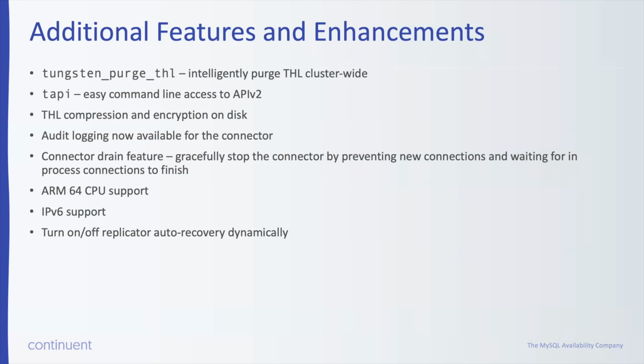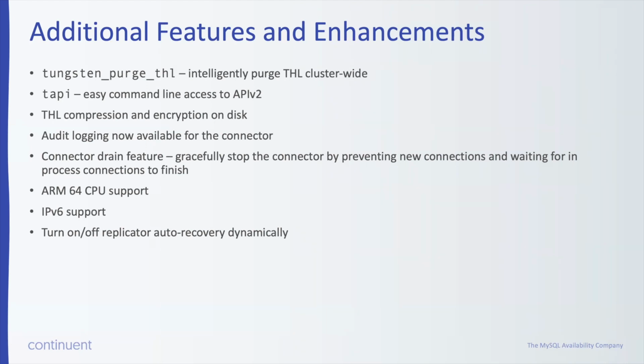We don't want new connections to be routed to this application, or in this case, connector. So we prevent that, right? So all the traffic will be routed to other applications, servers, or other connectors, but we don't want to simply cut off any connections that are in process, right? So we finish those, and then we shut down the connector after it's processed all connections.